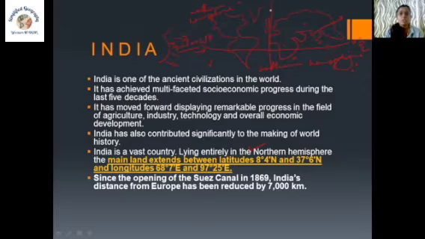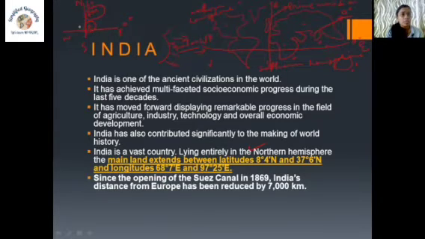This north-south line is known as the prime meridian. This is also 0 degree. So the north-south line 0 degree is of the prime meridian, and the east-west line 0 degree is of the equator.